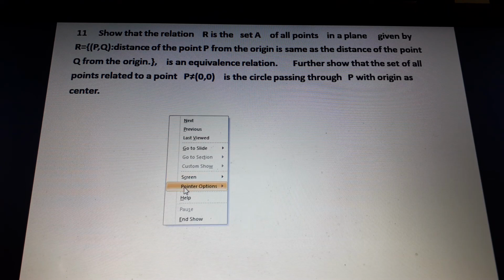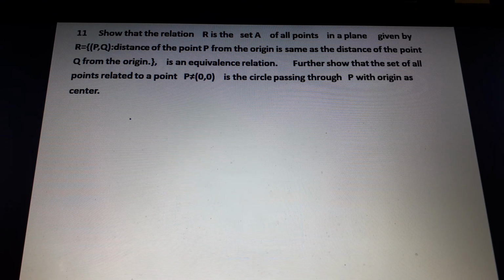Let us show that the set of all points related to the point P is the circle passing through P. Now let me take like this. Let P be equal to (x, y), because it is on the coordinate plane, therefore I will take P as (x, y).